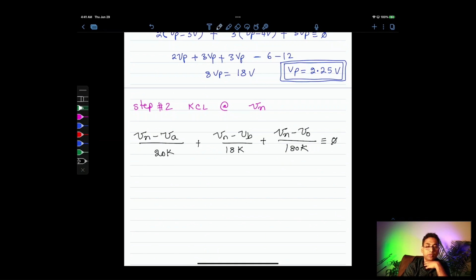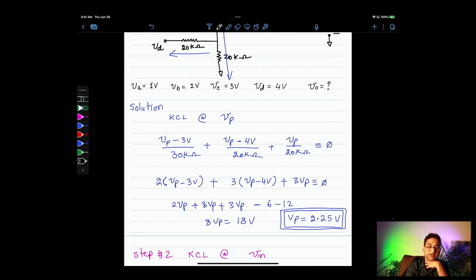Now we know Va value is given to be 1. Let me refresh: Va is 1, Vb is 2.